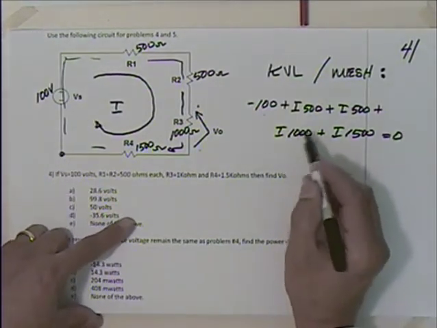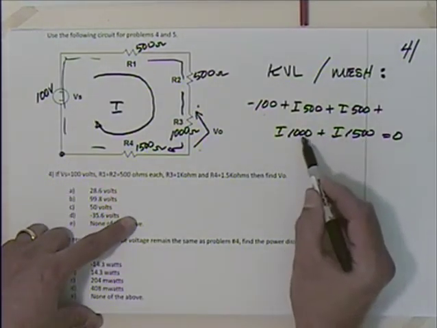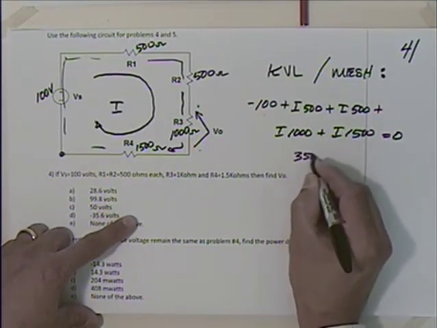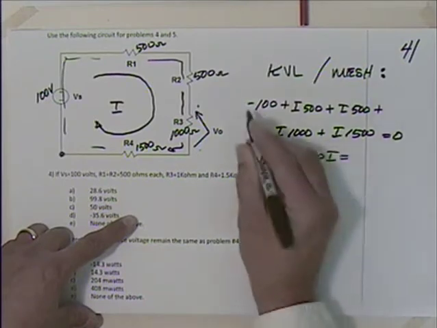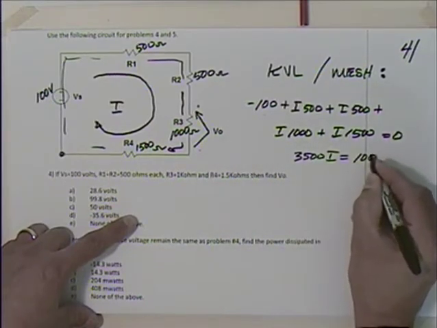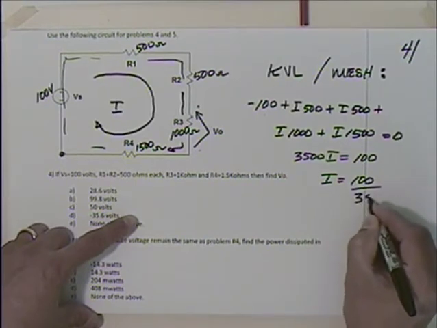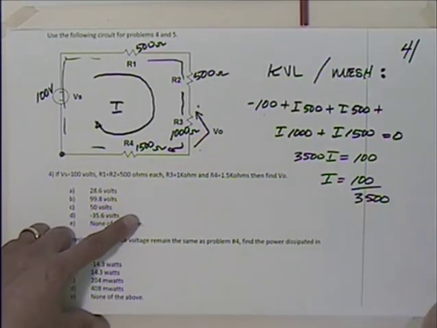So rearranging that, I have 500, 500, 1,500, 1,000. I have 3,500 I is equal to, moving the 100 to the other side, 100. I is equal to 100 divided by 3,500. I was more careful with the units.